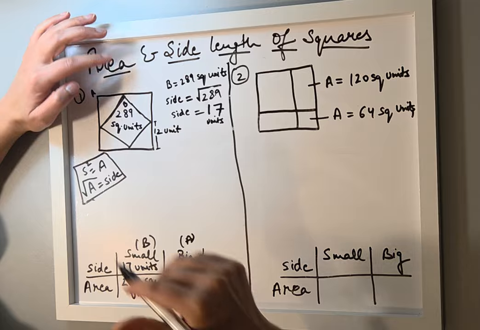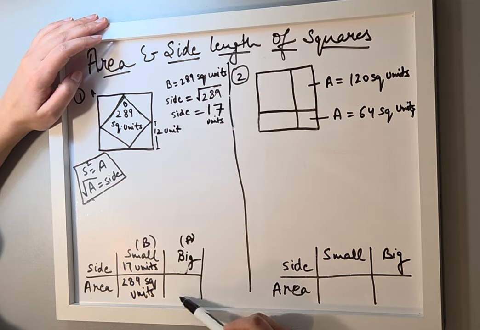Now the next question is we have to find the side and area for the big square.